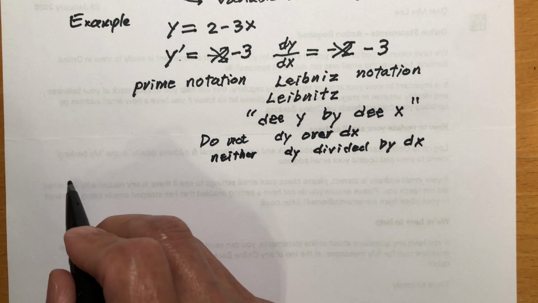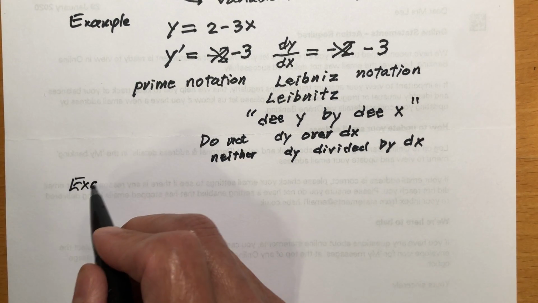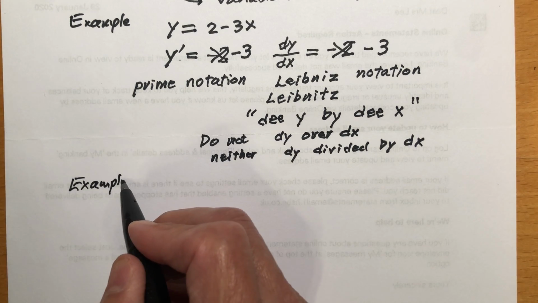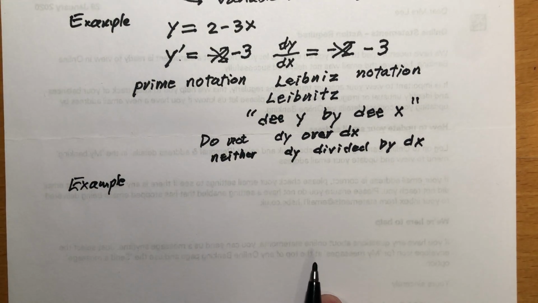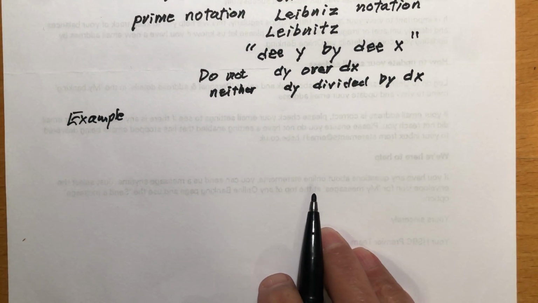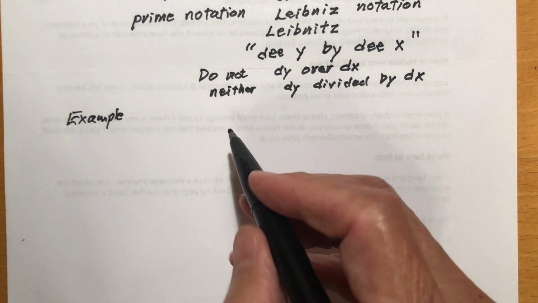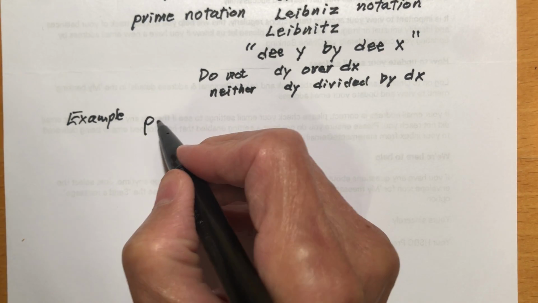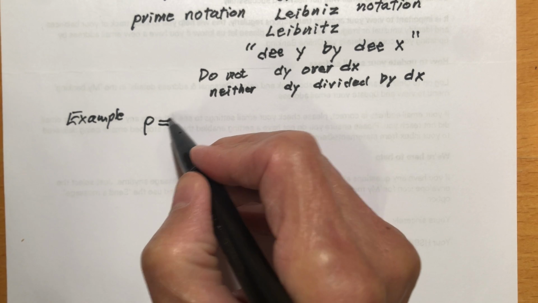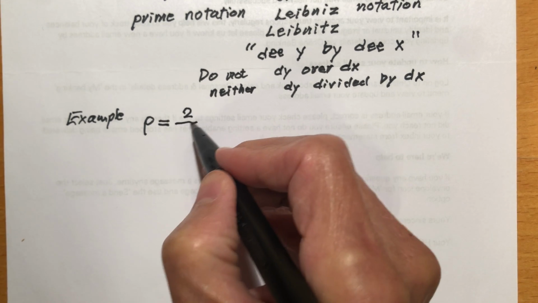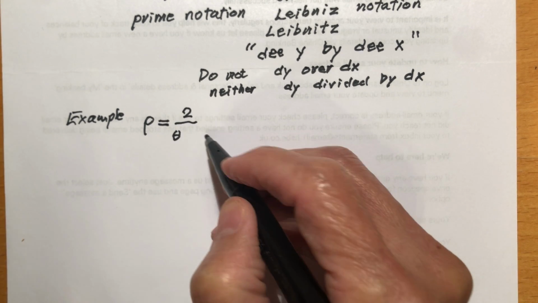So let's have another example. Rho equals 2 over theta plus 1.